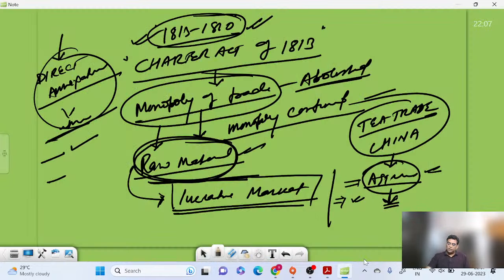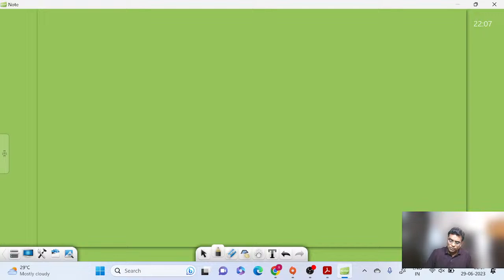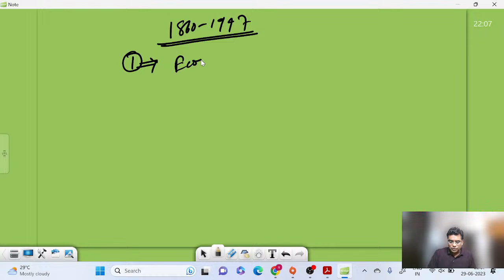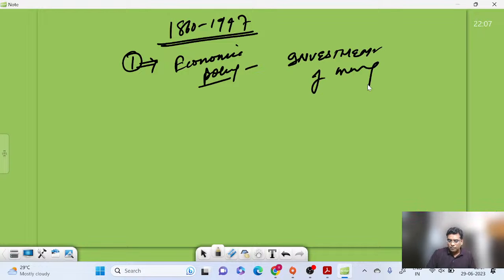Now look at the third phase of colonialism, 1860 to 1947. In the third phase of colonialism, we have one important thing: the economic policy was investment of money to earn more money.